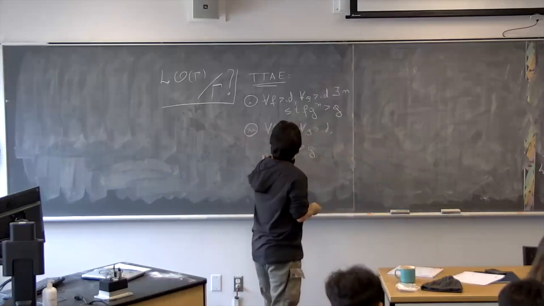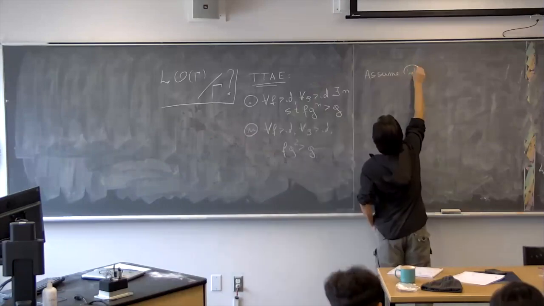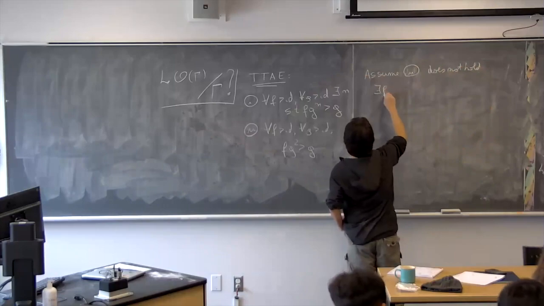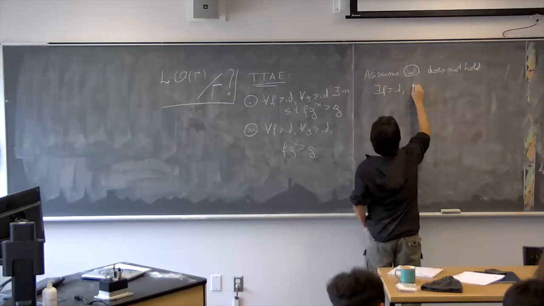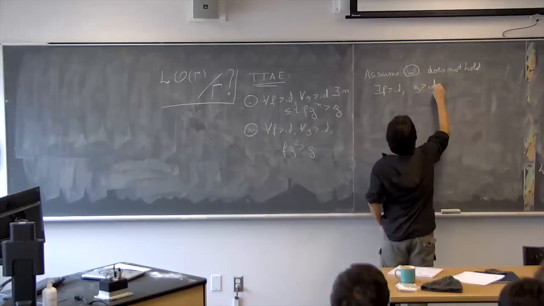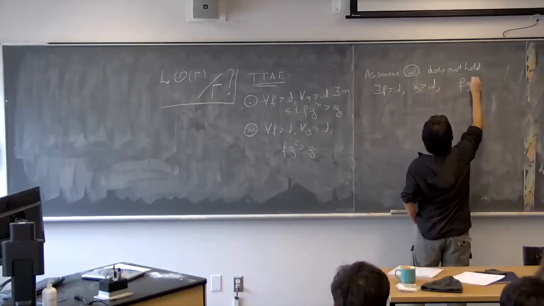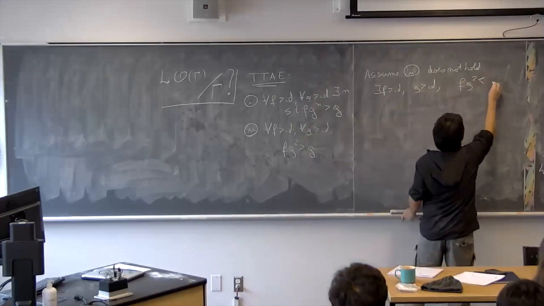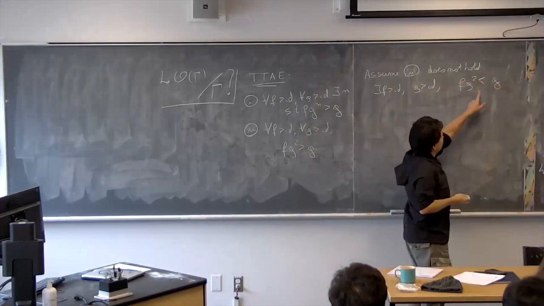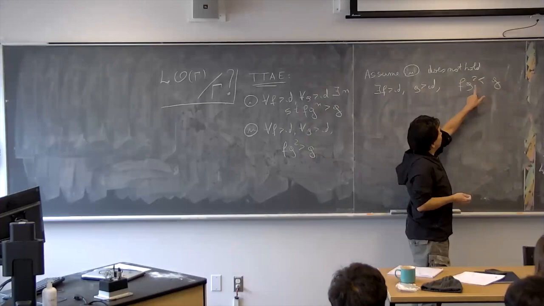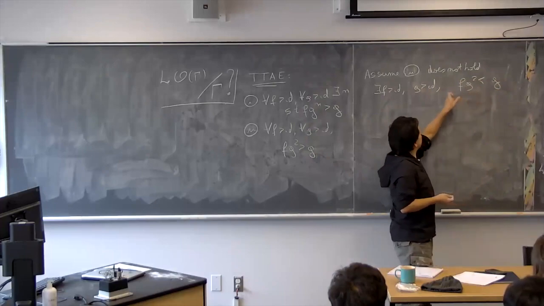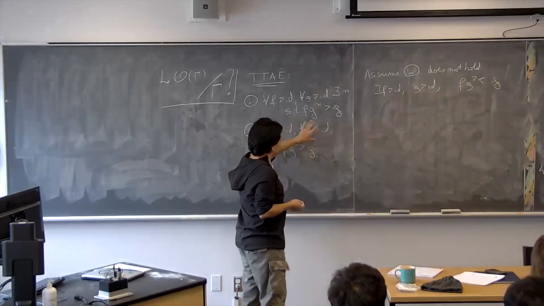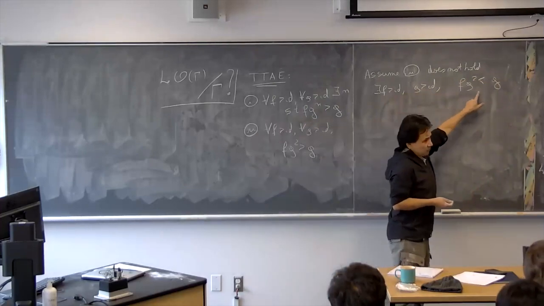So assume this doesn't hold. Then there exist positive f and positive g such that fg^2 is smaller than or equal to g, but I can take it strictly smaller than g. Otherwise, if it is equal, then f would be the inverse of g, but g is positive and f is positive, which is impossible. So the negation is this one.